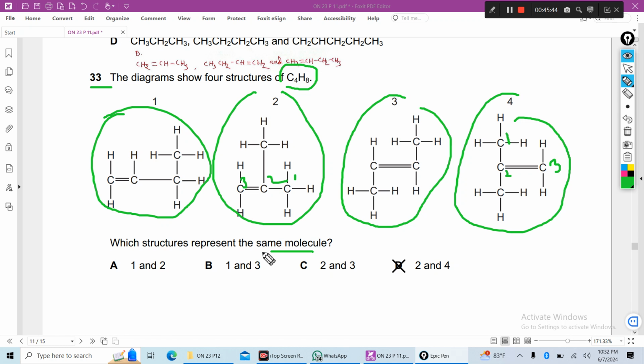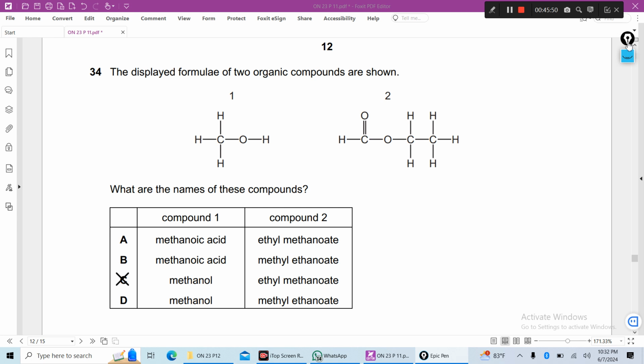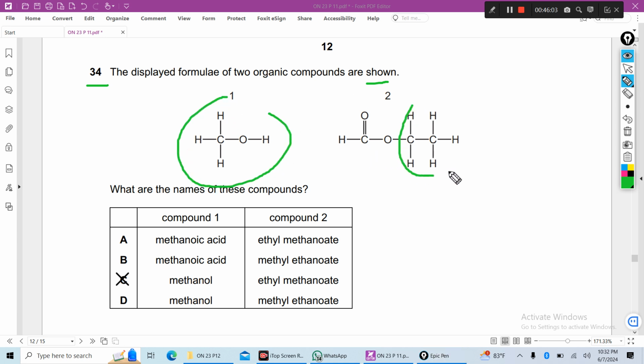Next, 34. The displayed formulae of two organic compounds are shown. One is methanol, the other is ethyl methanoate, an ester.